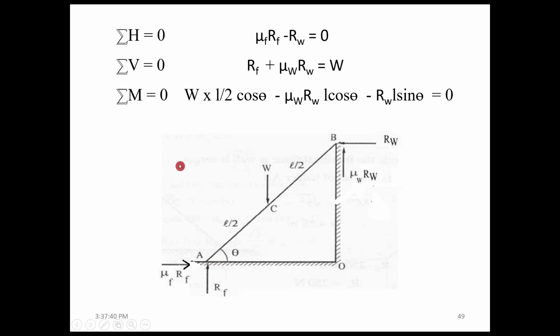So taking moment about A, we get the moment equation. And upon solving these three equations, we will get the required unknowns like Rf, Rw, etc.